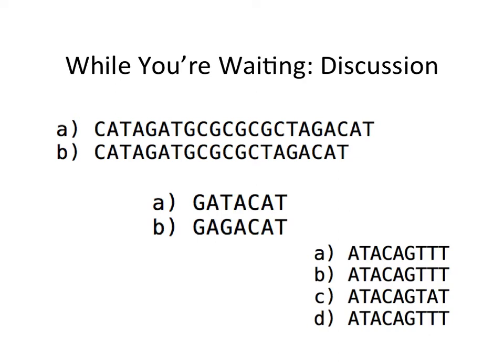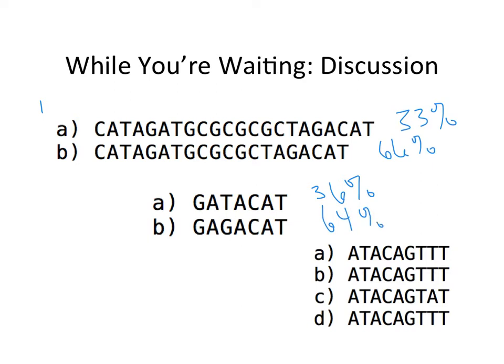Some of you are maybe still working on this, but these were the three questions I was asking about in the while-you're-waiting assignment. Let's see how we did. For this first one, question 1, we've got 33% of you that say A and 66% say B. For this tiny little sequence, 36% and 64%.